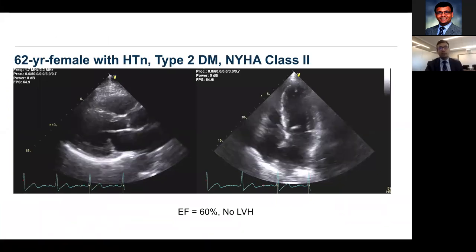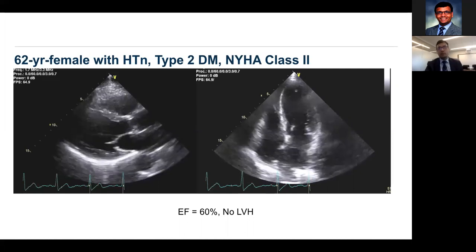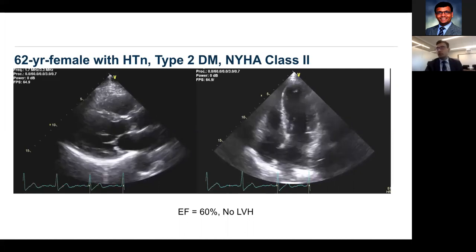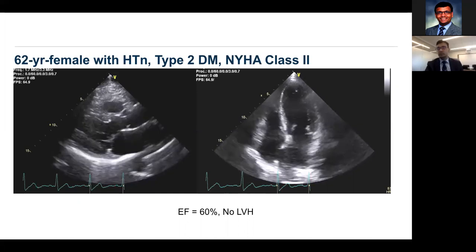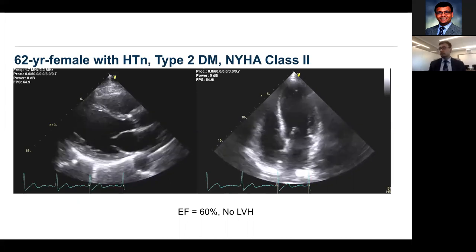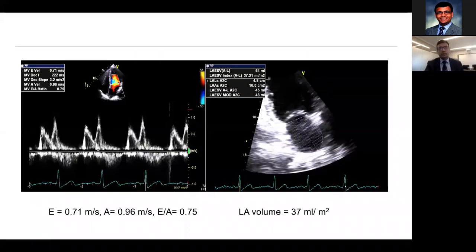Another example, this is a 62-year-old female with hypertension, type 2 diabetes mellitus, and NYHA class 2. Ejection fraction is 60%. There is no LV hypertrophy. E wave is measured as 0.71, A wave is 0.96, E by A is 0.75, LA volume index is increased at 37 ml per meter square.